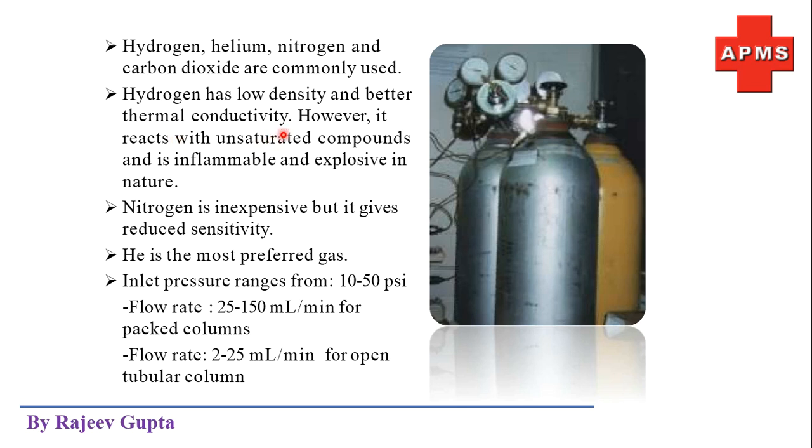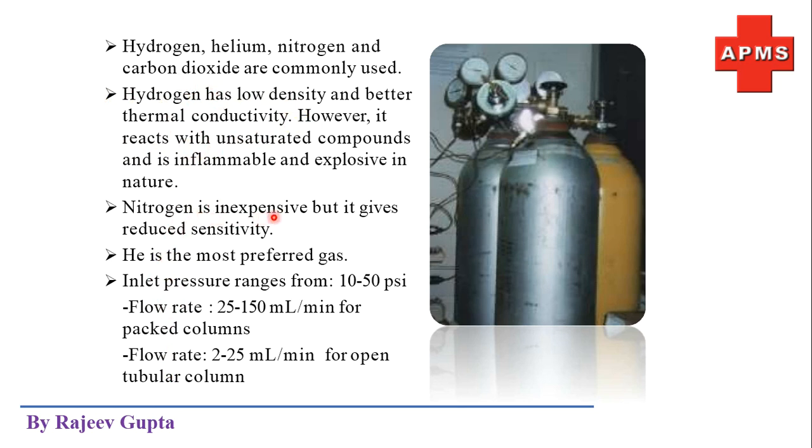So due to higher thermal conductivity, the temperature will be the same throughout the whole space covered by the carrier gas, but with some other gases there could be a difference. So thermal conductivity is a very good property of this light gas, hydrogen.